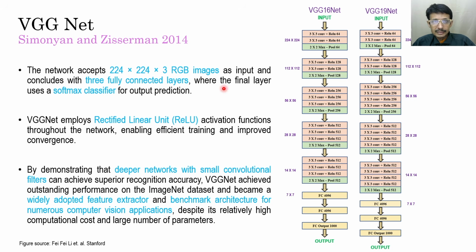Now we have to understand why this kind of architecture is helpful. Multiple 3x3 convolution layers, how does this setting help?